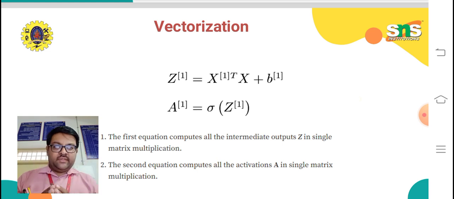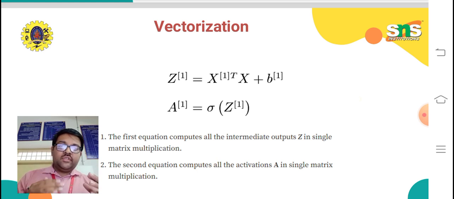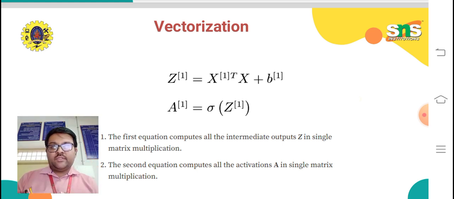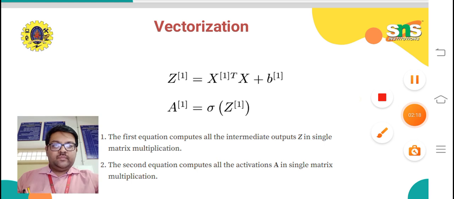That is what W does. So the first equation computes all the intermediate outputs Z in a single matrix multiplication, and the second equation corresponds to A. The second equation computes all the activations A in a single matrix multiplication. So we are converting Z and A into vectors.